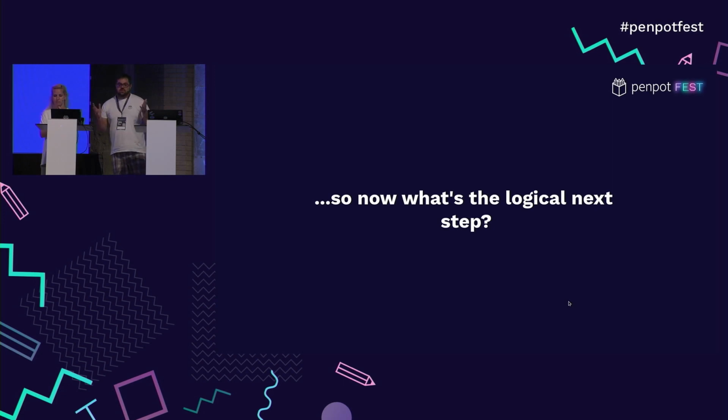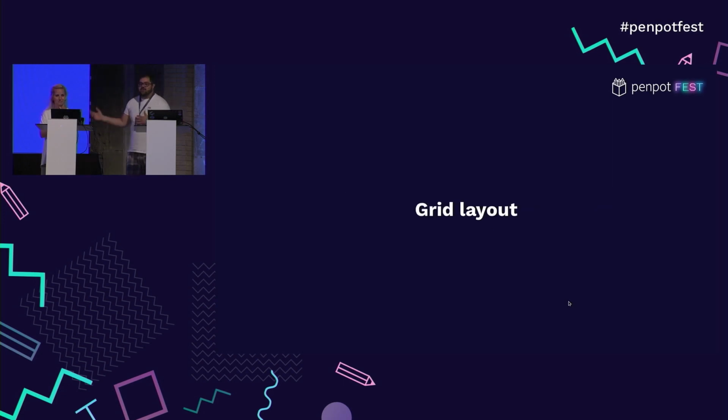So the thing is, what's the next step? Grid layout. I don't know if you are familiar with the CSS standards, but they define two kinds of layouts. We have the Flexbox layout, which is more thought for one dimension. So you, for example, have a big row or a big column that controls the other dimension, maybe with wrap. But the grid layout is thought more for two dimensions.